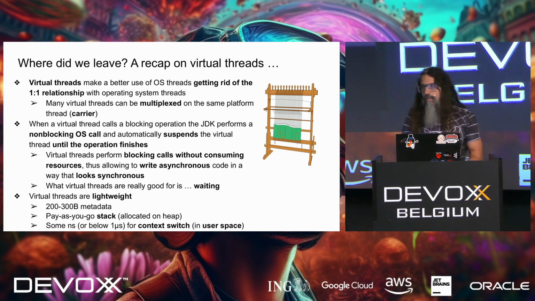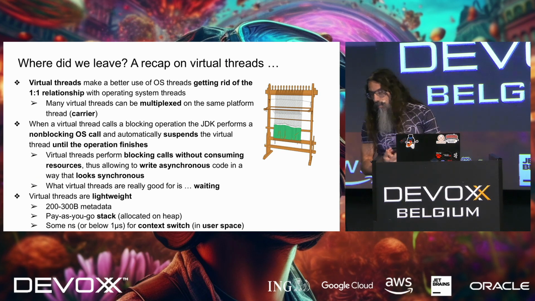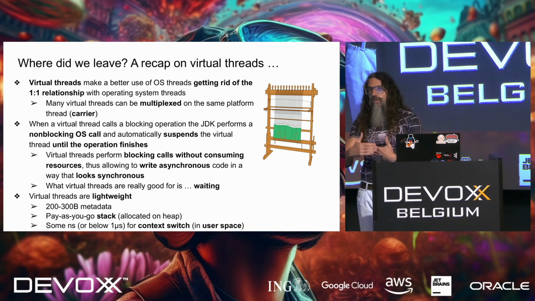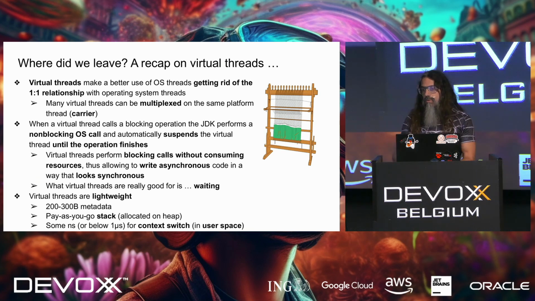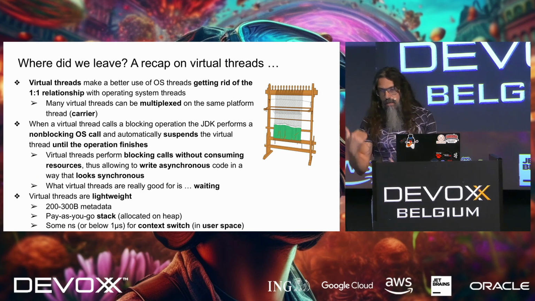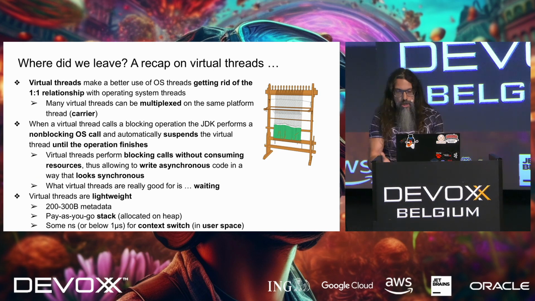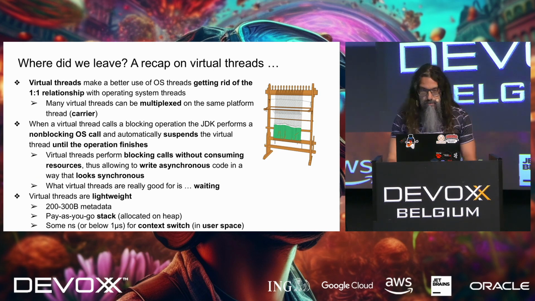The other important thing is that the context switch is much faster, typically a couple of orders of magnitude faster than with native threads, because native threads are actually kernel threads, so the context switch happens in kernel space, while virtual threads are pure Java objects, so the context switch happens in user space.